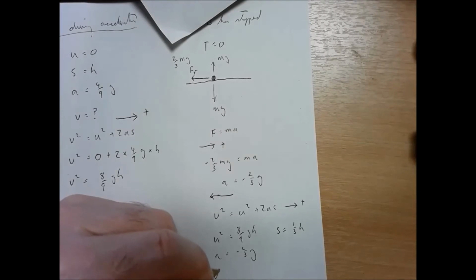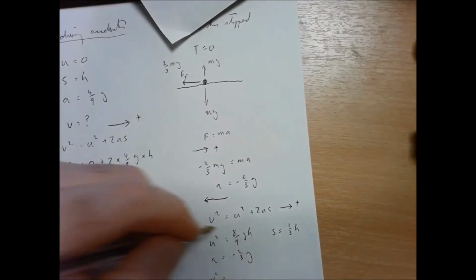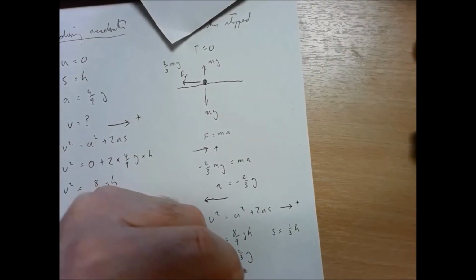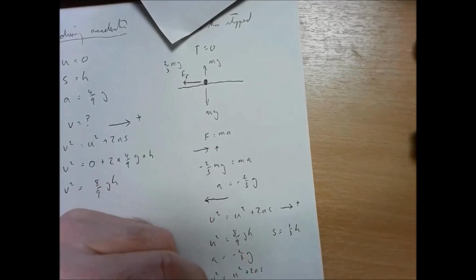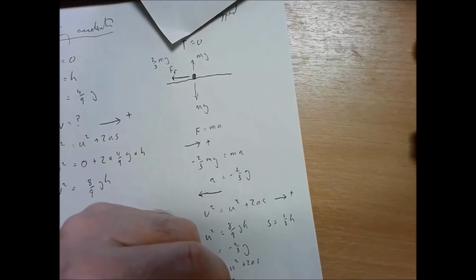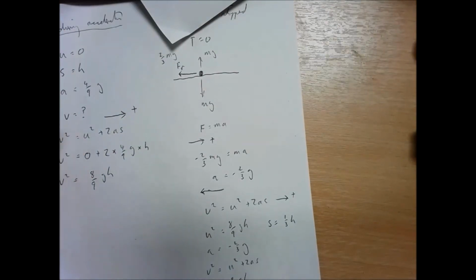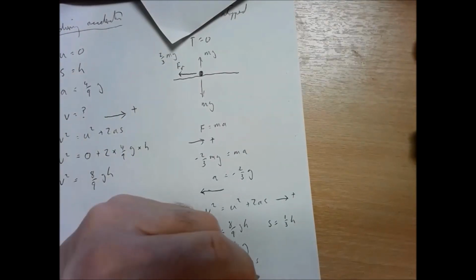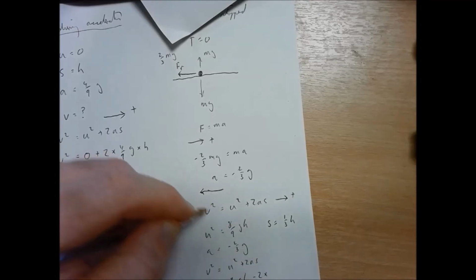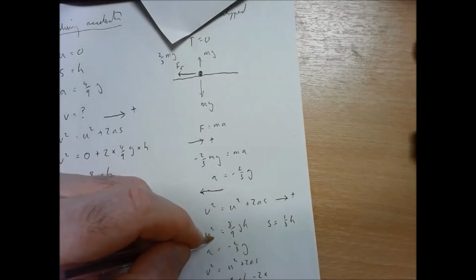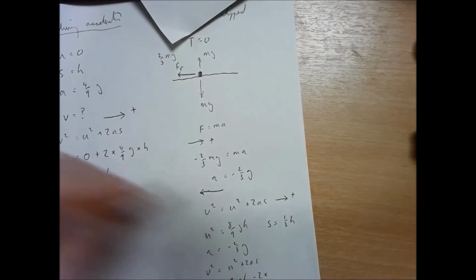And so V squared, which is what I want to find, equals u squared plus 2as. V squared equals 8 over 9 gh minus 2 times 2 over 3 g times 1 over 3 h; this is negative because the acceleration is negative.